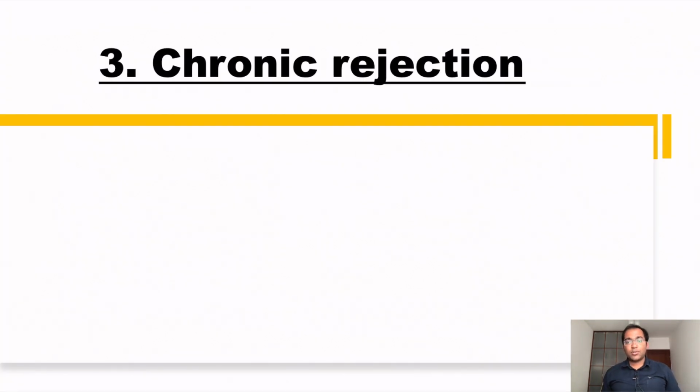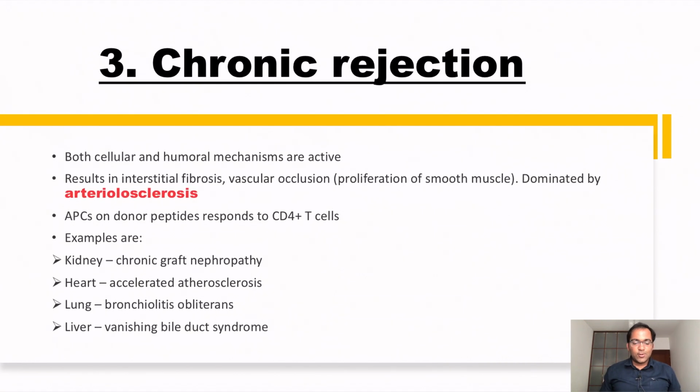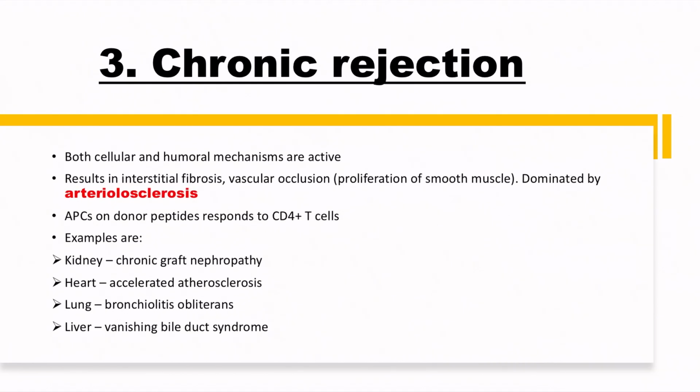The next type of rejection is chronic rejection. Now as the name says, chronic means, let's say it will take how much time? What do you think? Years, maybe hours or months? So let's answer this question. Chronic rejection can take from months to years to develop. So it's a long time business.